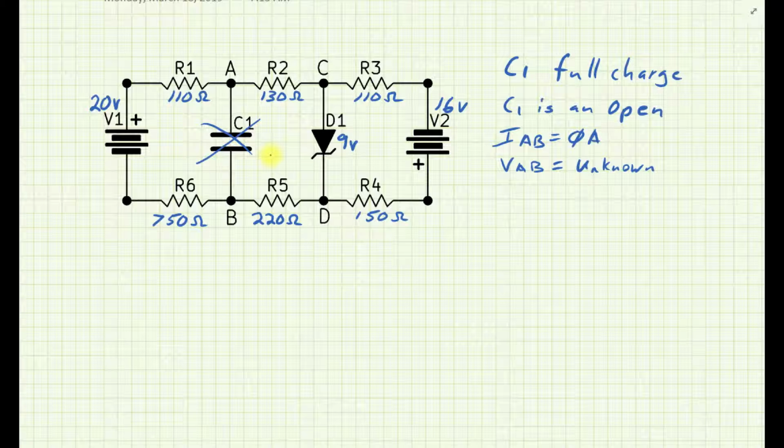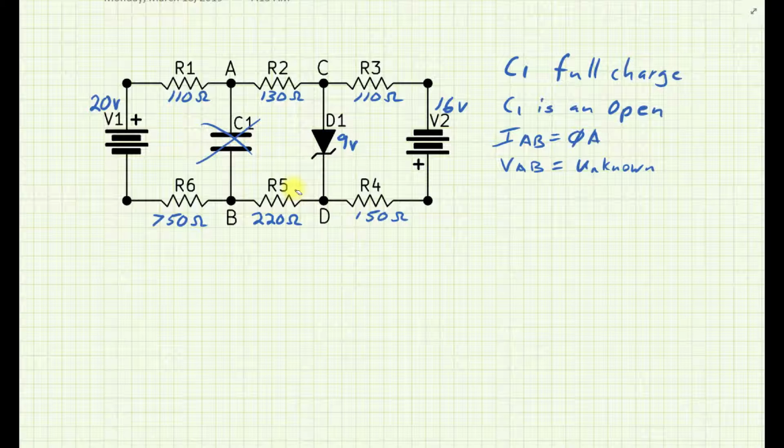If it was forward biased, which would mean plus on the anode and minus on the cathode, well, a Zener diode is just a silicon diode, and so it would have a forward bias voltage of 0.7 volts. So if there was at least positive 0.7 volts between C and D, that diode's going to be forward biased, and it will hold that 0.7 volts.